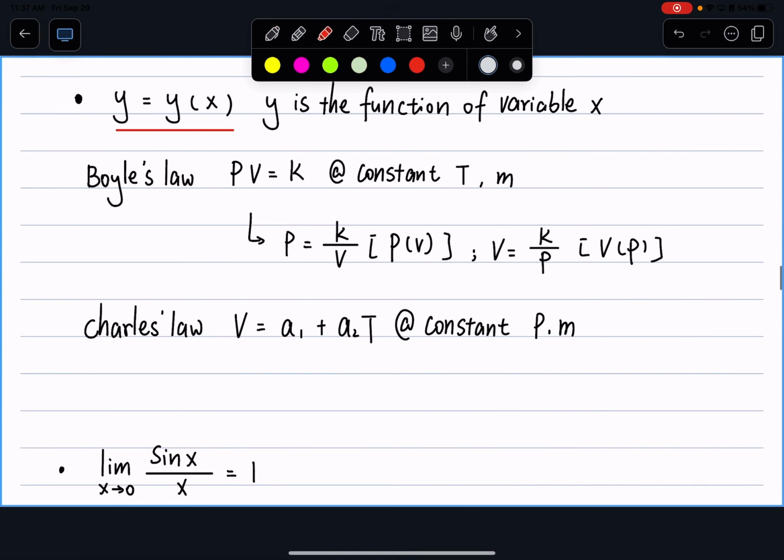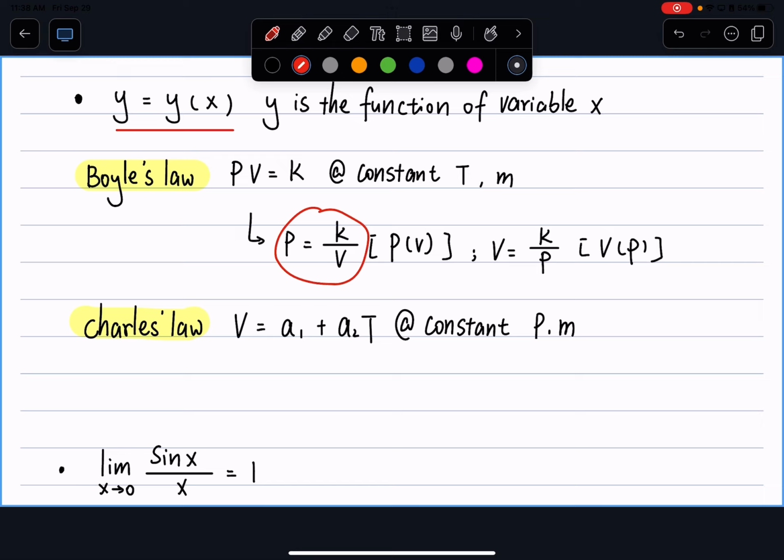We will be talking about Boyle's law and Charles's law in our next lecture when we work on ideal gases. So here, what we have is effectively a relationship where P is your pressure, V is your volume, and k is a constant. So we can describe P as a function of V.